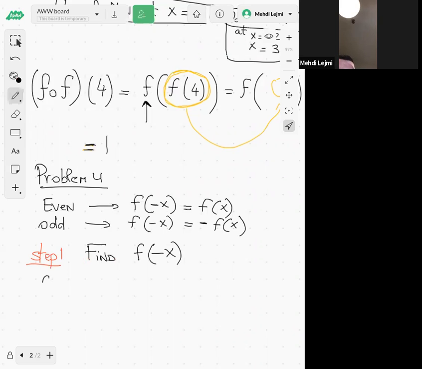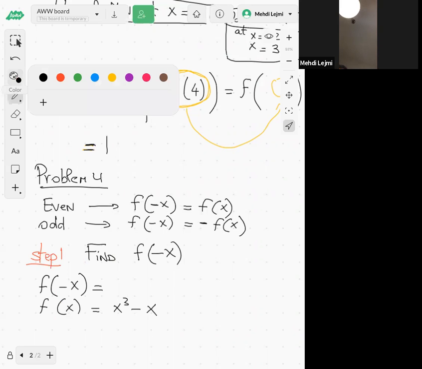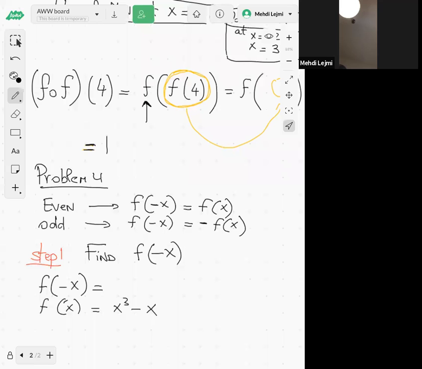So what's f of minus x? Well, f of x is x cubed minus x, right? So what we have to do is substitute the x with minus x. So this x becomes minus x, and this x here becomes minus x. I'm going to just use circles here.